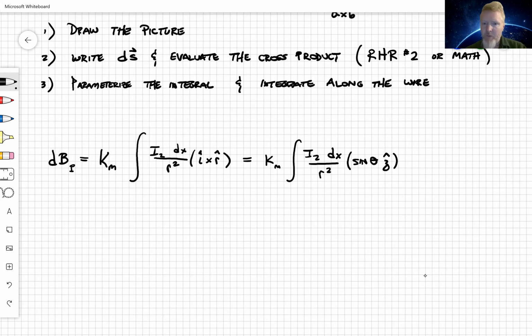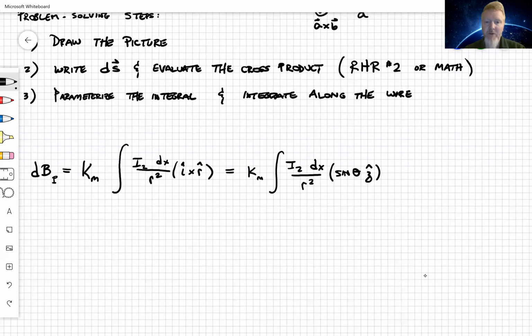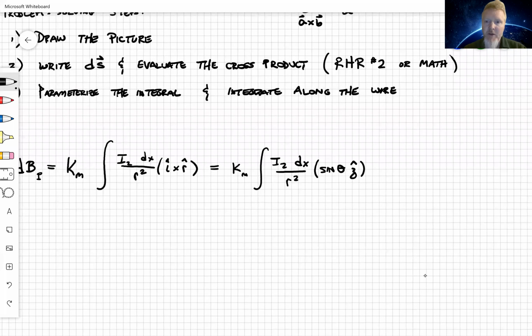All right, so we have an r squared. Let's take a look back up here at what r squared is. So r is the hypotenuse of this triangle that I've marked with the x and the a here. So r squared should be equal to x squared plus a squared, like that.